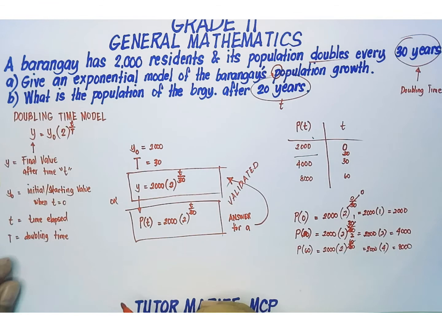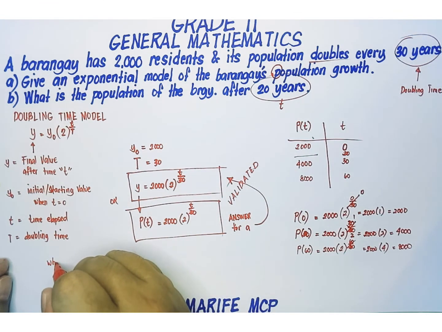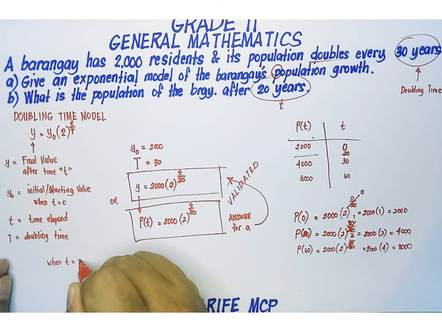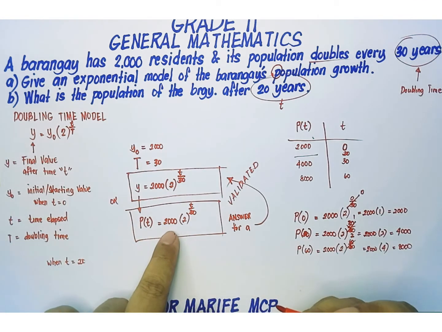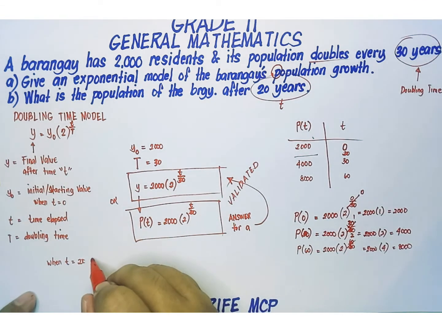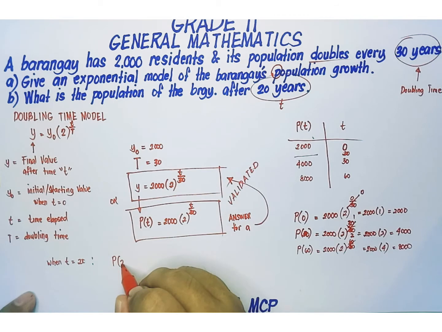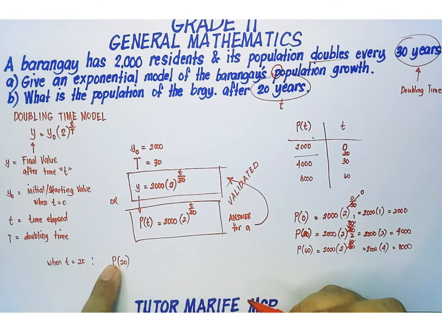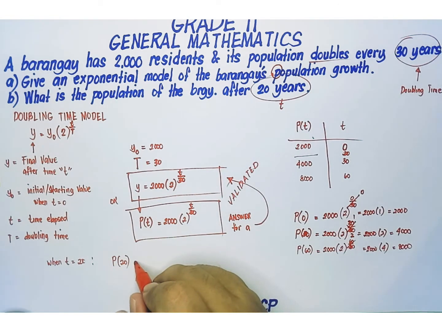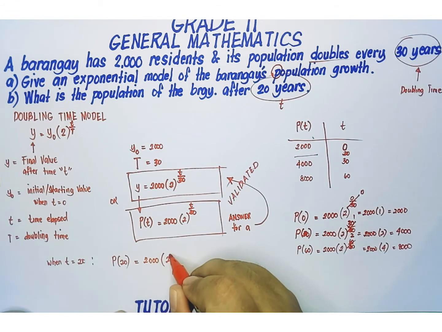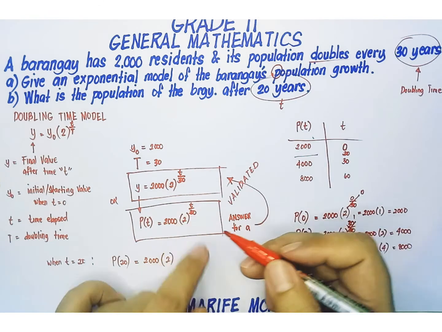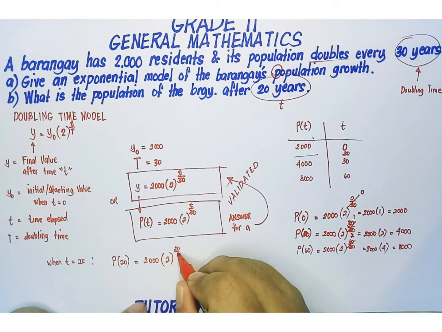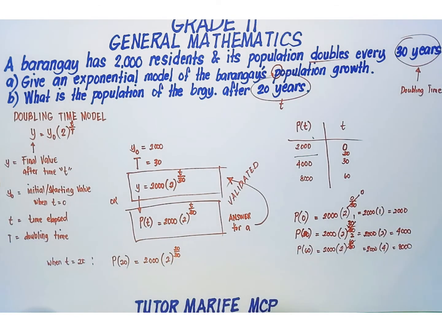So let's solve. When t is equal to 20, by your exponential model, p of 20, or the new population when time is equal to 20 years, is equal to 2,000 times 2 raised to, you plug in the t, it's 20 over 30.